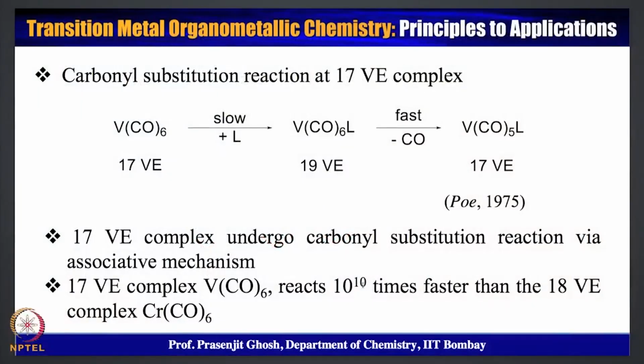So, this substitution reaction for 17 electron species is slightly different, because the 18 electron species, as we had seen, underwent substitution in a dissociative fashion, whereas for the 17 electron species the substitution reaction occurs by an associative mechanism.